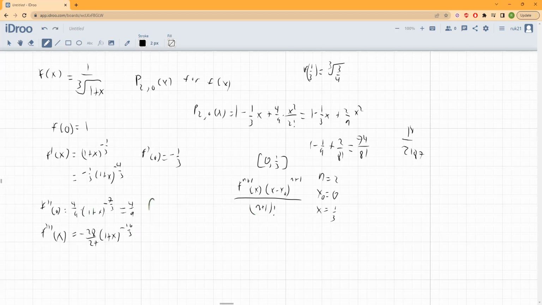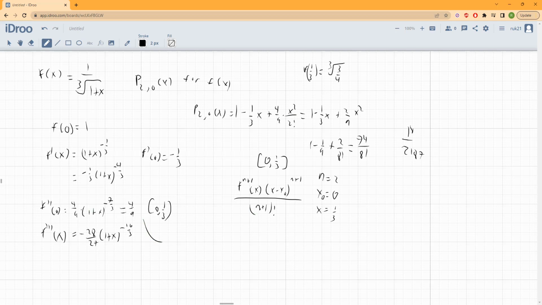And then again, our range is 0 to 1/3. To make this biggest, you would plug in 0. A better way to show this is by reminding ourselves that this is a decreasing function, because it's going to be 1 over something. As this becomes bigger, the value becomes smaller. Because it's a decreasing function, 0 provides a bigger value than 1/3.